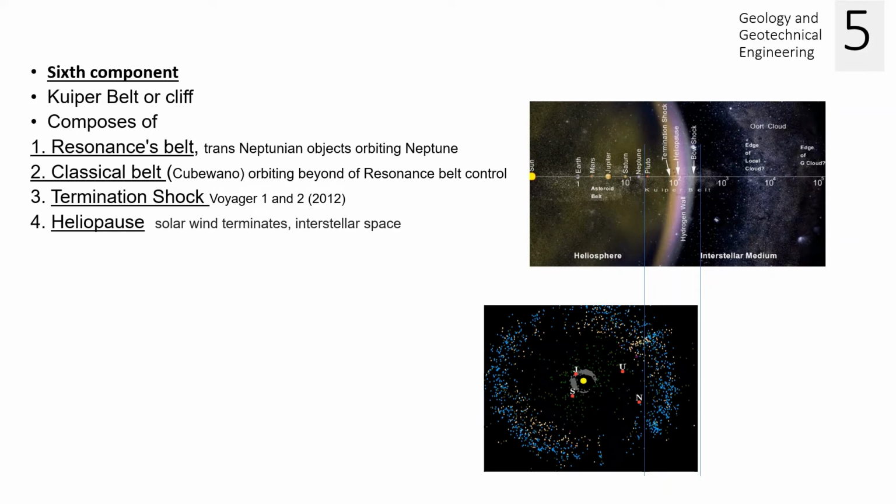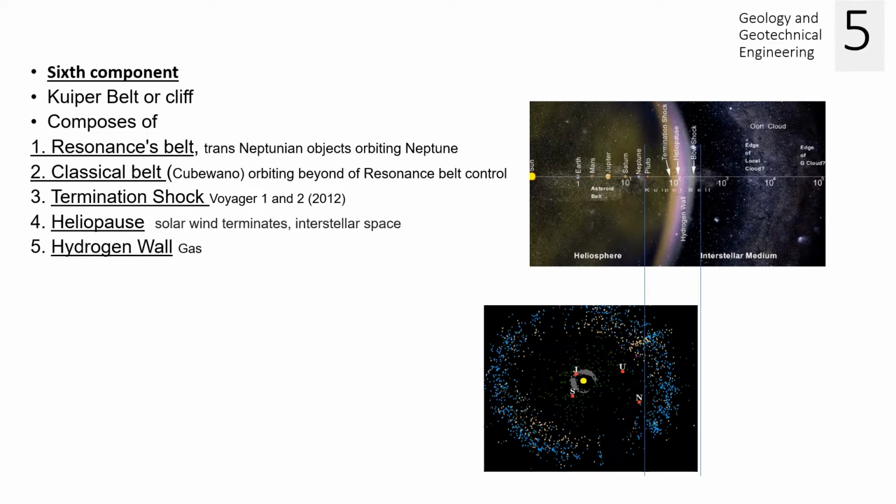The heliopause is a solar wind termination zone, which our solar wind cannot reach, and therefore it is supposed to be interstellar space.